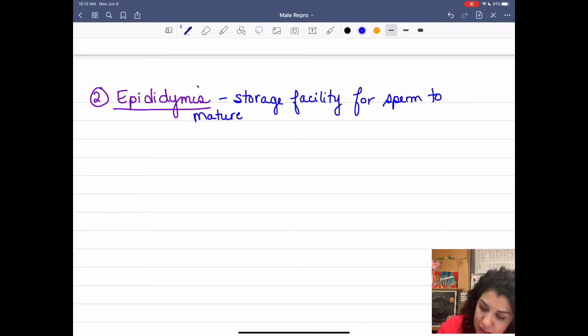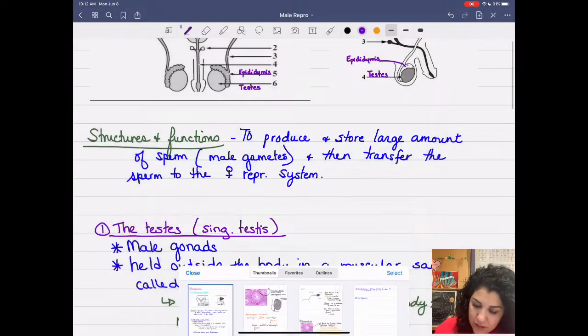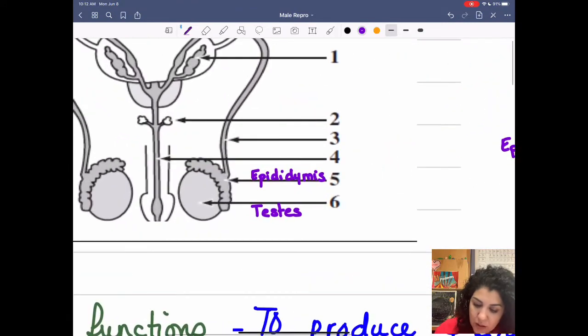Number 3 is the vas deferens. Okay, and I'm going to do this instead of always scrolling. I don't want you guys to get a headache just from me scrolling. So the vas deferens would be number 3.